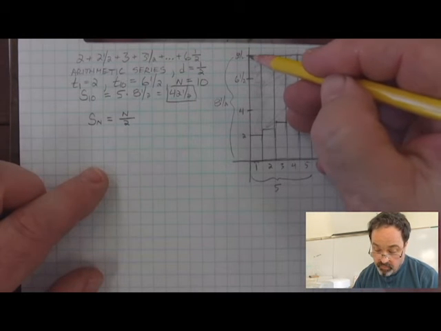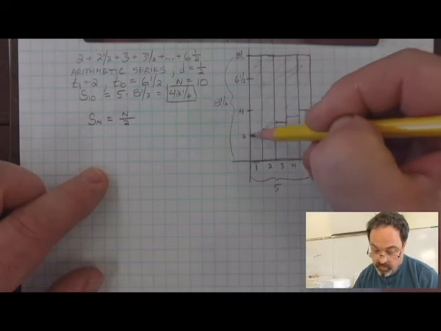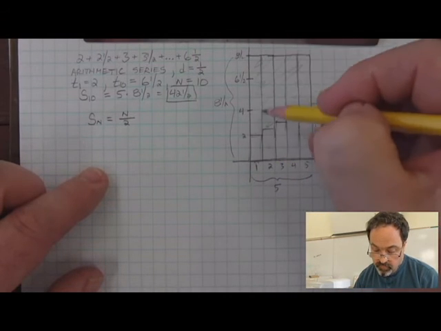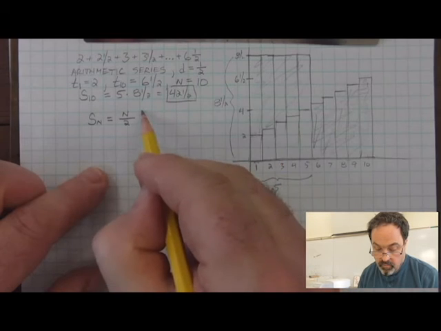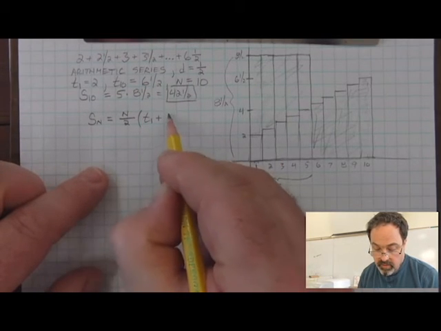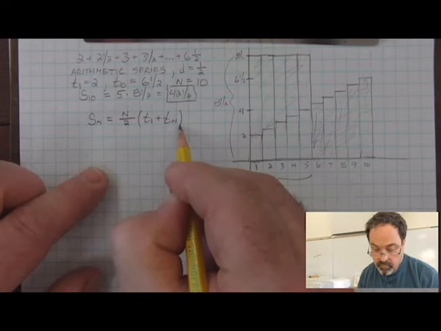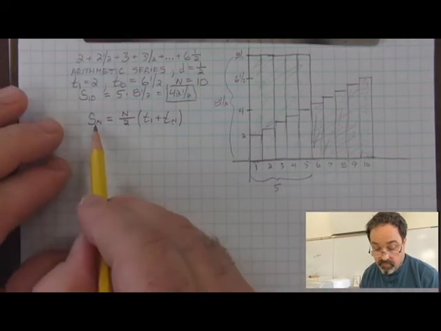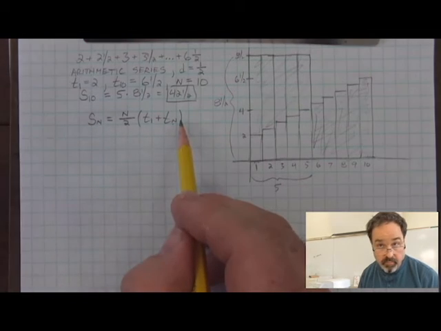And we then multiply by the sum of the smallest term and the largest term, or the first term and the nth term. N is where we're stopping. This is a general formula that will always work.